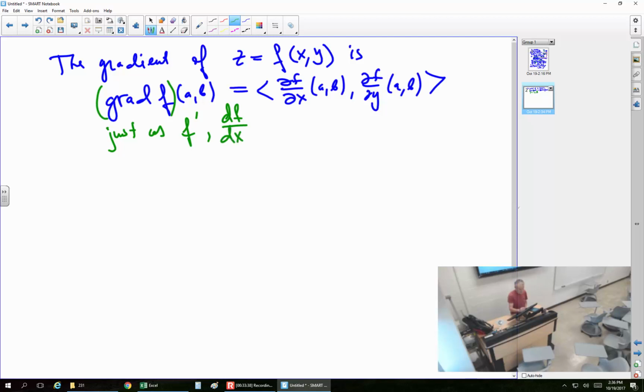Or df/dx at a. So df/dx at a is good notation, and df(a)/dx is bad notation. With that notation, it might appear that what you're differentiating is f of a, which is a number. No, you're differentiating the function, and only then evaluating at the point.